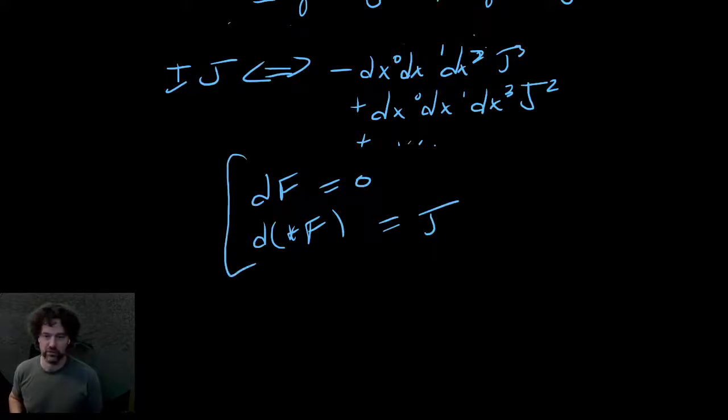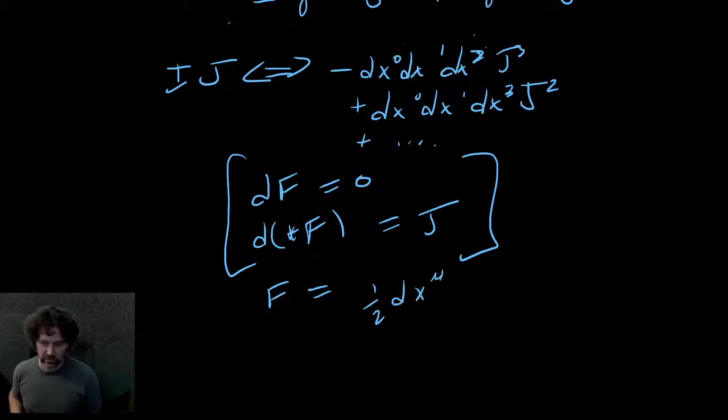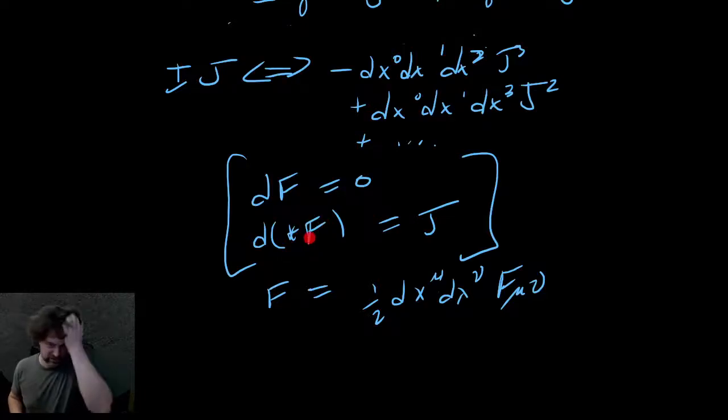There's our differential forms. And I think that the tidiest way to write this would be F equals 1/2 of dx^μ dx^ν F_μν, and this is going to essentially be the equivalent of the Hodge dual.